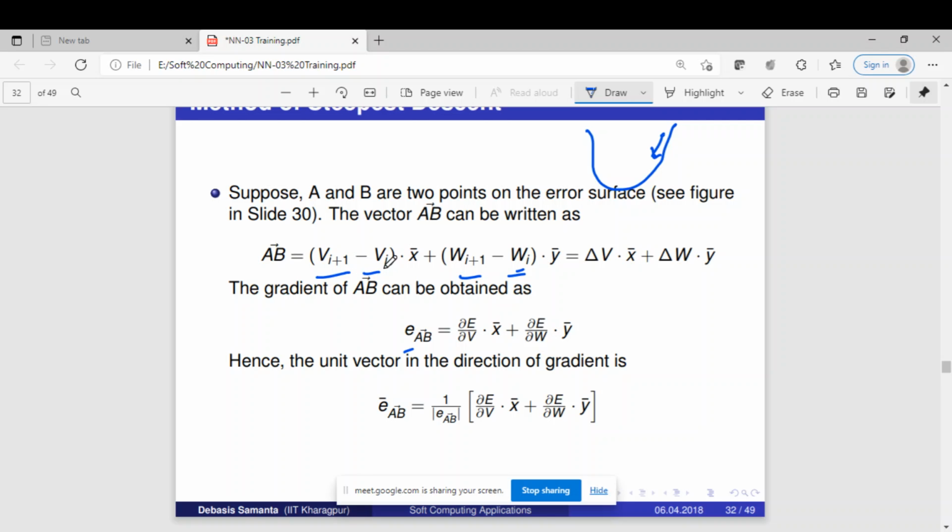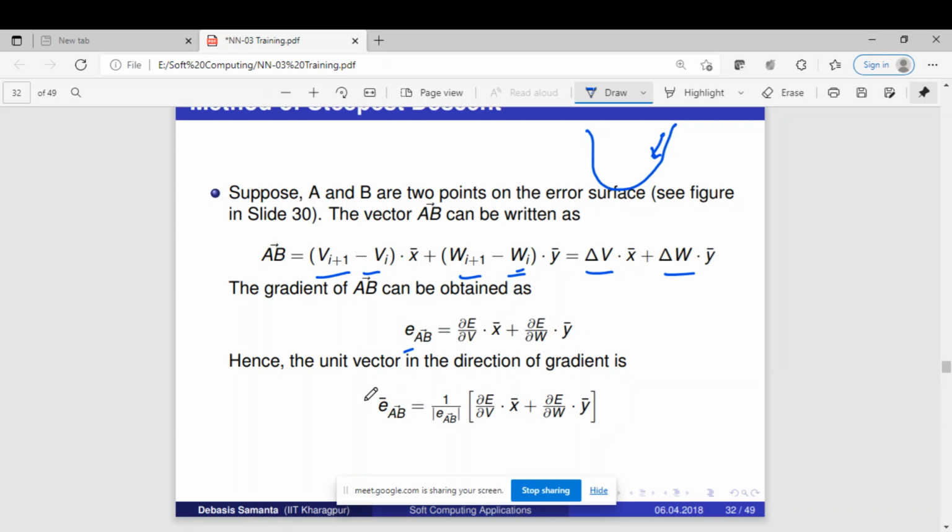So instead of representing like this, we can call it del v. Similarly, this part can be represented as del w. And this del v can also be written as dou e, change in error with respect to change in v. Similarly, this can be represented as dou e, change in error with respect to w.